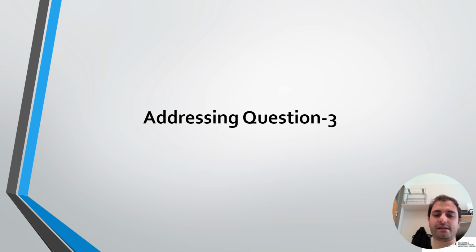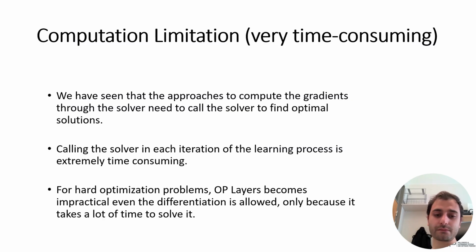Okay, and let's see question 3 now. Question 3, just to remember, is the computation limitation. We remember it's very time consuming because in stochastic gradient descent approaches, for example, you have to call the solver in each iteration.